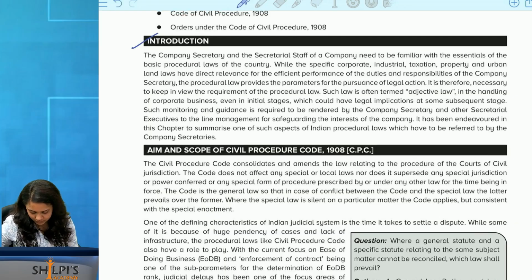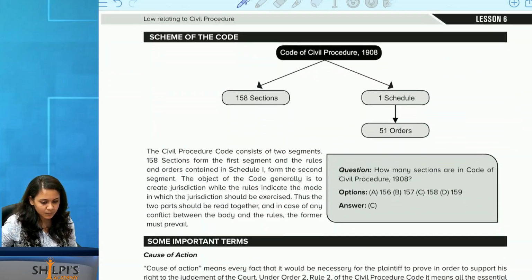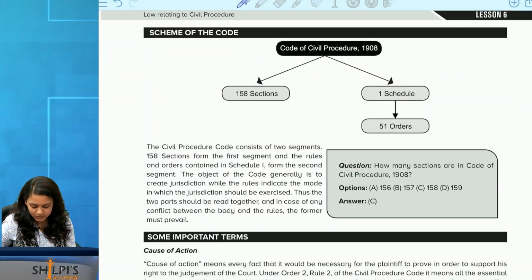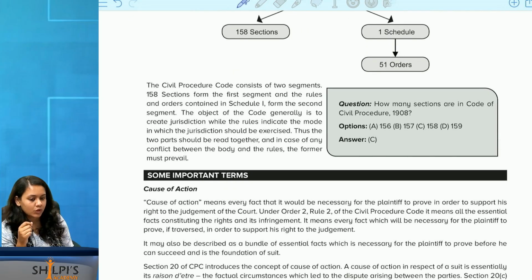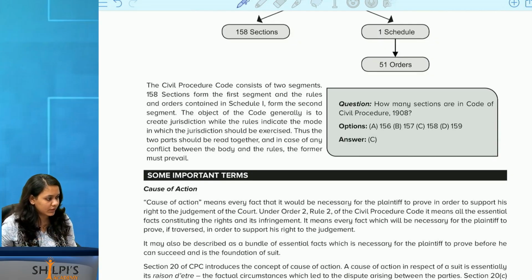Start out with the introduction, aim and scope of CPC, what the scheme of the code is. You can go through the definitions, but if you want, you can also wait for me to finish it in the next class. But I'd just like you to do a reading of it.